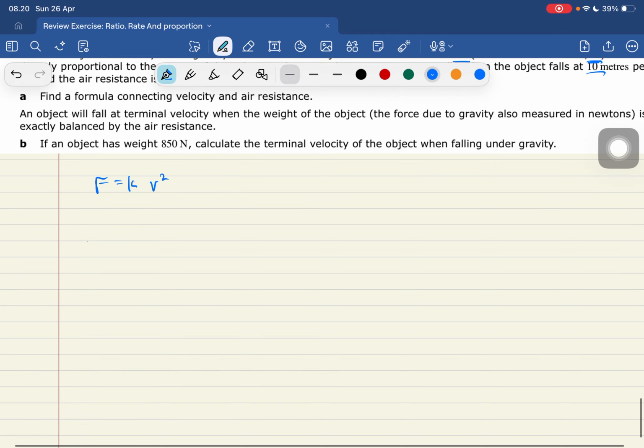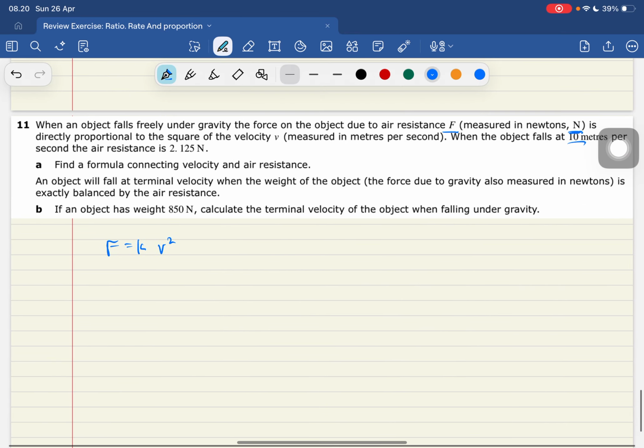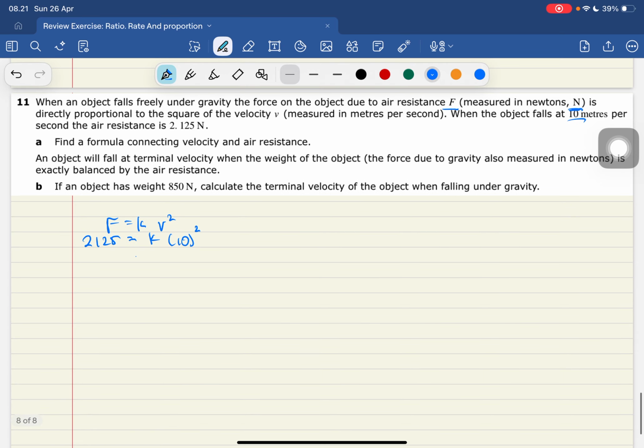So let's write it. 2.125, okay, we don't know k yet. The velocity here is going to be 10 meters per second, and we square it. So we can divide both sides by 10 squared.